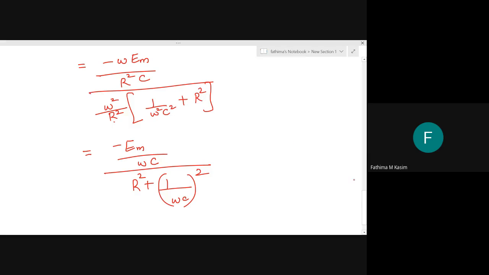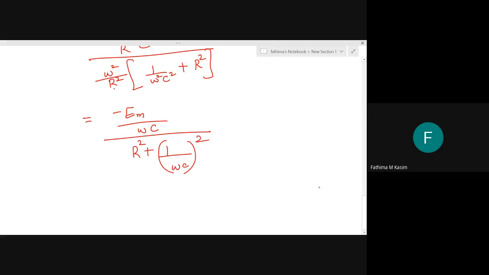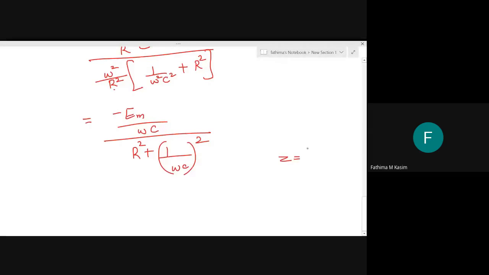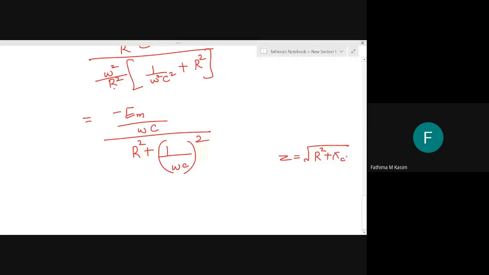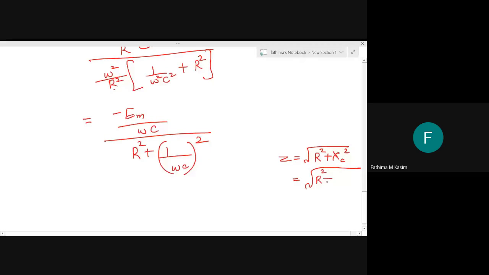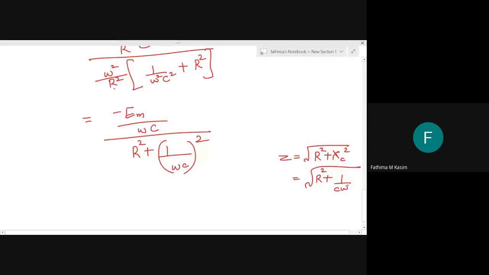So you all know that for an RC circuit, the impedance Z is equal to root of R square plus XC square, where XC is 1 by C omega. So this can be written as root of R square plus 1 by C omega the whole square. So this is nothing but Z square. So instead of R square plus 1 by C omega the whole square, I can write it as Z square.